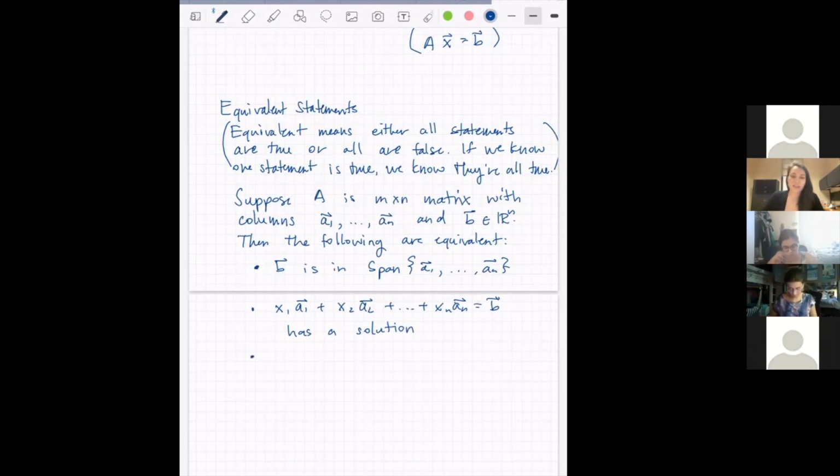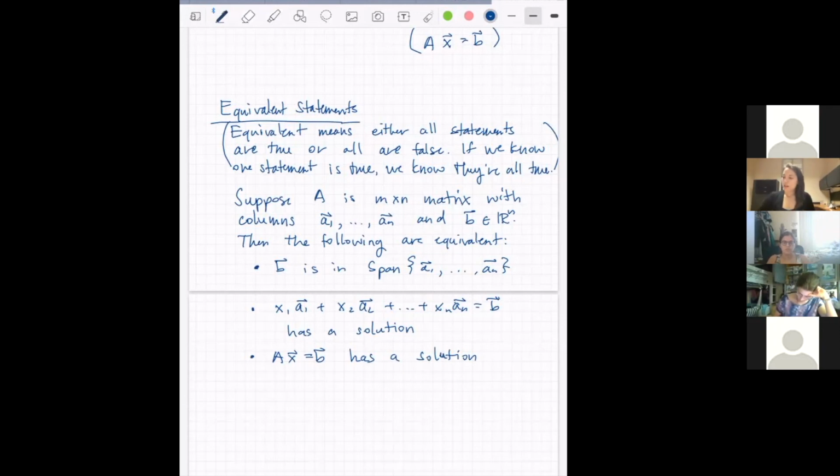And then that is also equivalent to saying that the matrix equation AX equals B has a solution. So we kind of talked about this earlier when we talked about how to figure out if a vector B is in the span of a collection of vectors. So this is just taking our different ways of writing that and putting them into this format and saying that they're all equivalent, right?